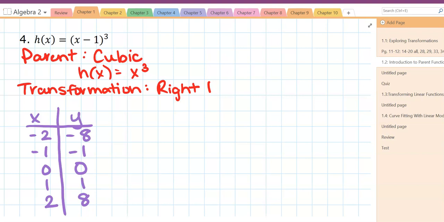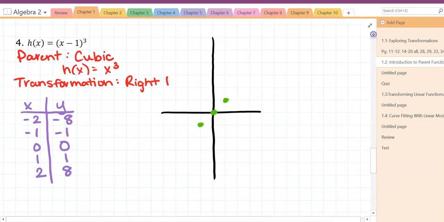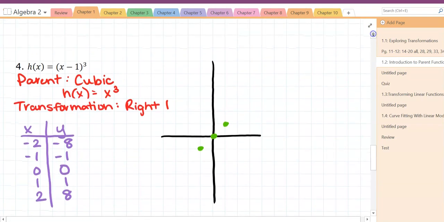So then if we draw this graph, starting with the parent, you should have 0, 0, 1, 1, -1, -1. Then we have 2, 8. Way up there for me.